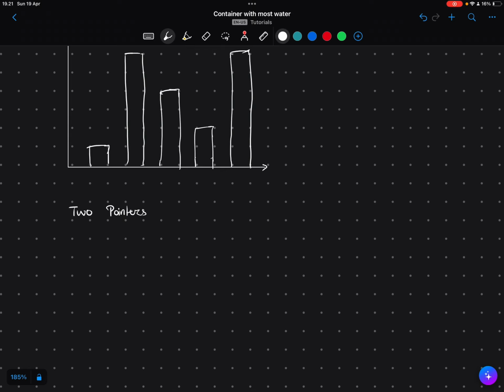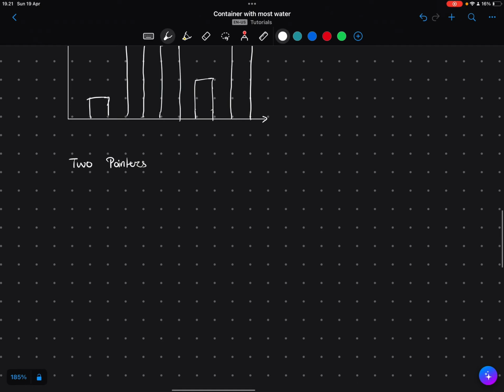Two pointers, essentially, if you've seen Two Sum II, input array sorted, or let's say any sorting algorithm, where they've given you a sorted array and you have to do something with it, usually you can use two pointers on that. The thing with two pointers is you essentially just play with your left and your right pointer.